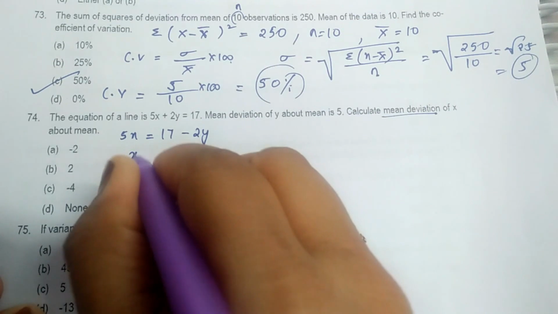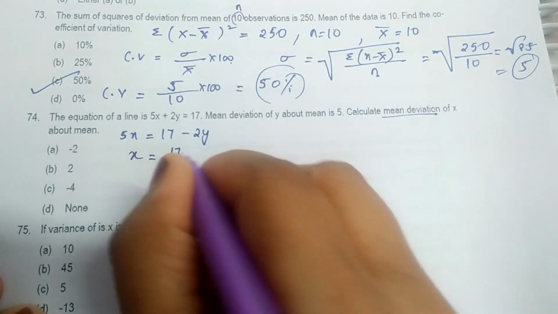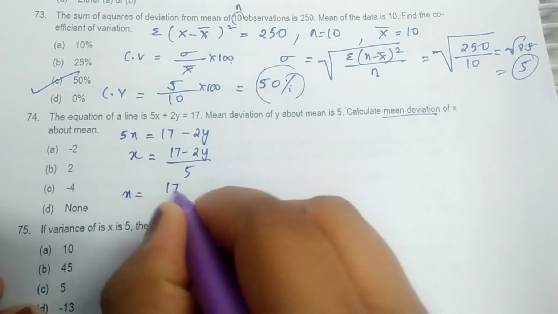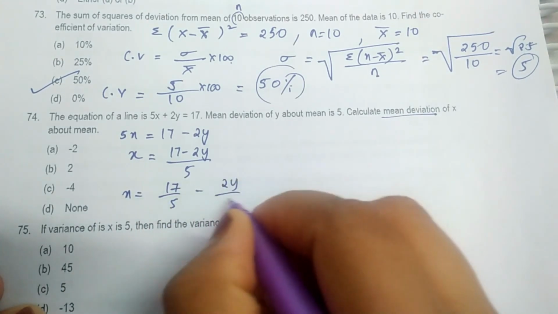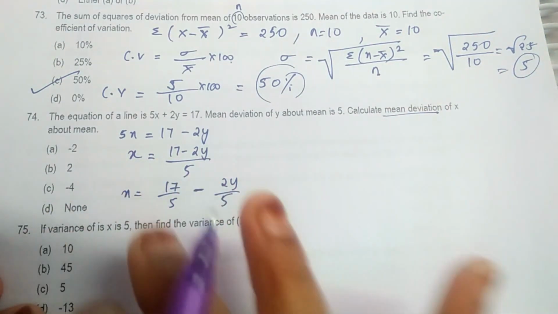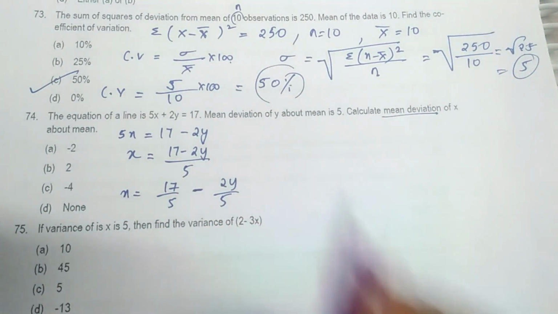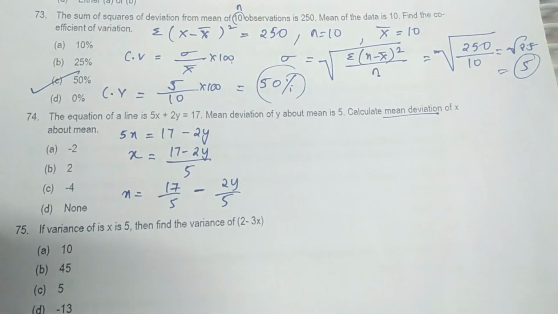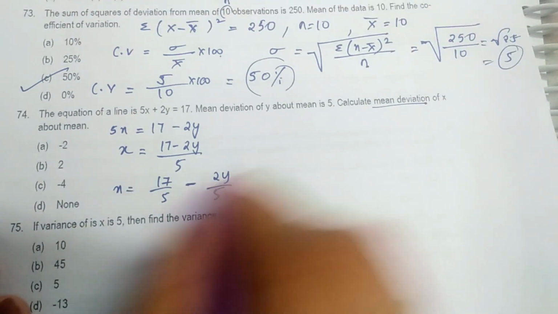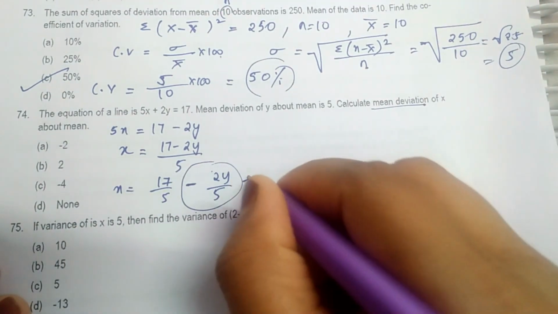We need to find x, so x is equal to 17 minus 2y divided by 5. So x is nothing but 17 by 5 minus 2y by 5. But remember, it's not asking for the whole mean and everything. We need to find only the mean deviation. So deviation means we'll be taking only the change of scale, not the change of origin. So we have to consider this.